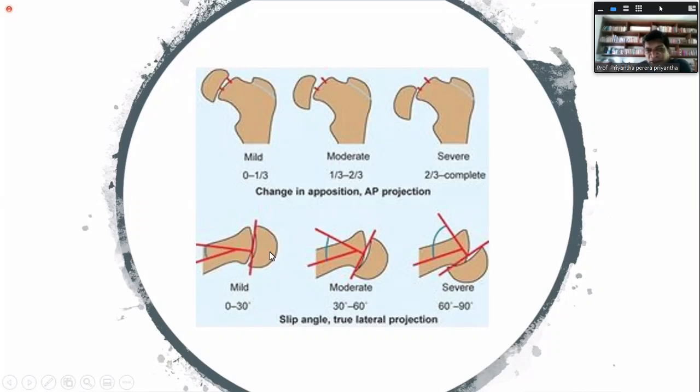The angle 0 to 30 is mild, 30 to 60 moderate, 60 to 90 severe. So that is the degree of slip, right? In the normal person, when you draw a line along the midline and the perpendicular line, it should be going through the shaft of the femur.